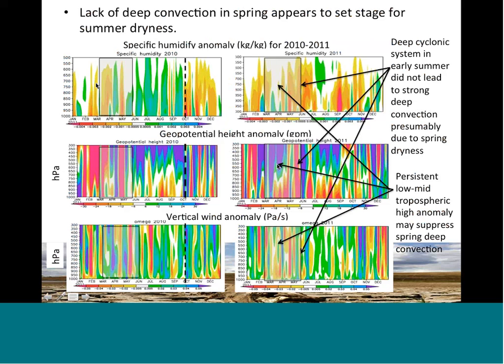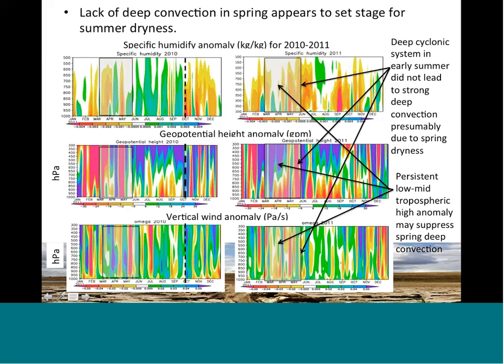This is a domain average over Southern Great Plains, and the vertical profile of them as a function of time during 2010 and 2011. The shade indicates the spring season. You can compare the 2011 spring season to 2010 spring.